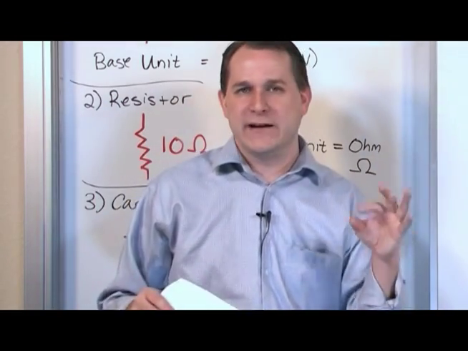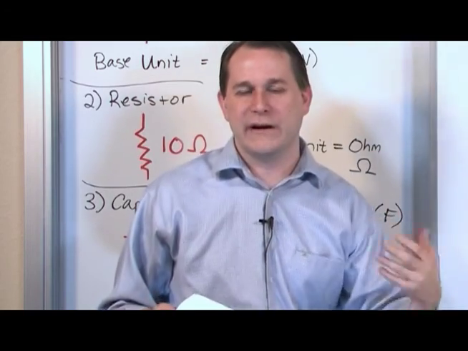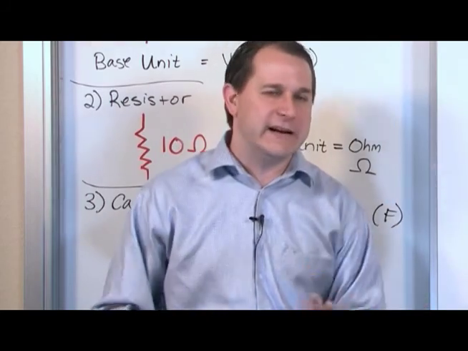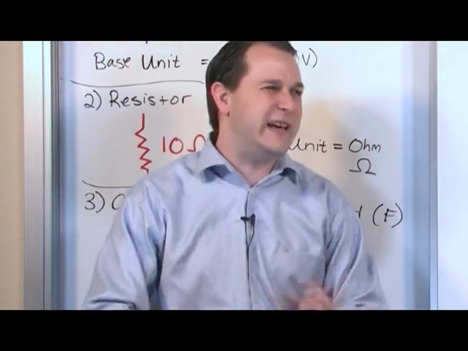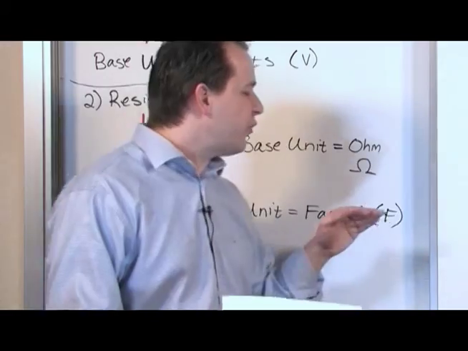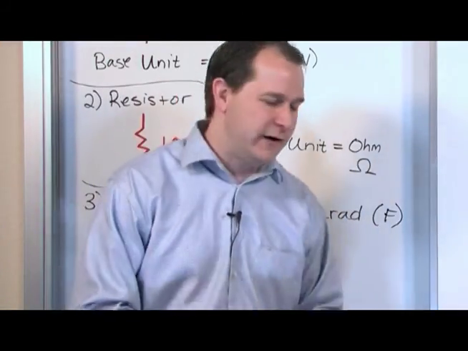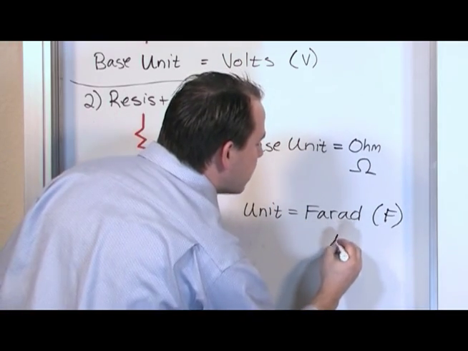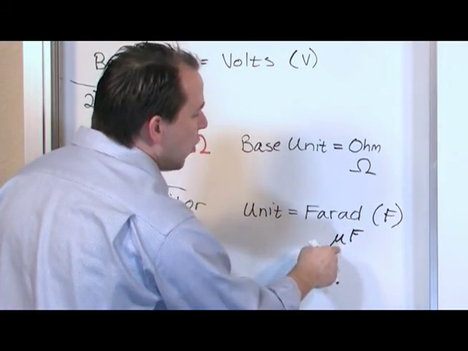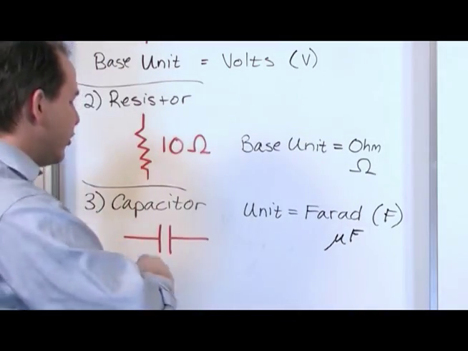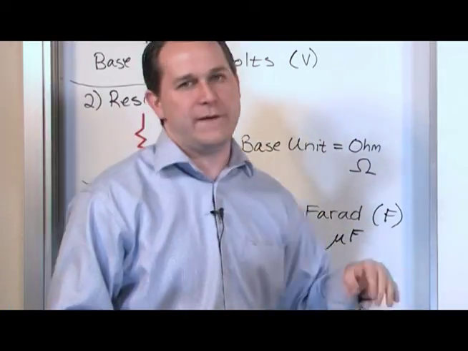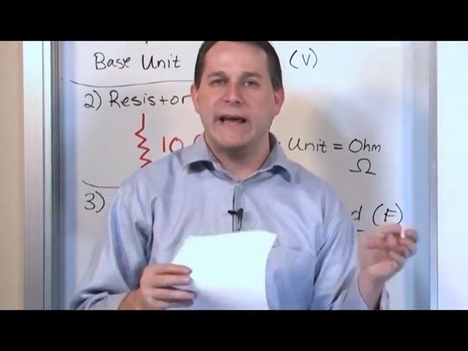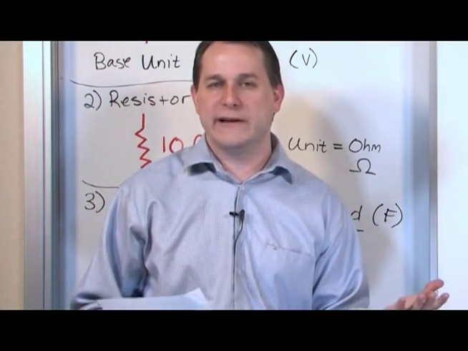So you're never going to find a capacitor at a store or in a mail order catalog with a value of 3 farads. It's never going to happen, because a capacitor that could store that much charge would be enormous. So almost always you'll see microfarads or even millifarads maybe, but most of the time microfarads. That is one millionth of a farad. And so you might see a 2.4 microfarad capacitor or a 3.8 microfarad capacitor. And it's giving you a relative indication of how much energy can be stored in that capacitor.